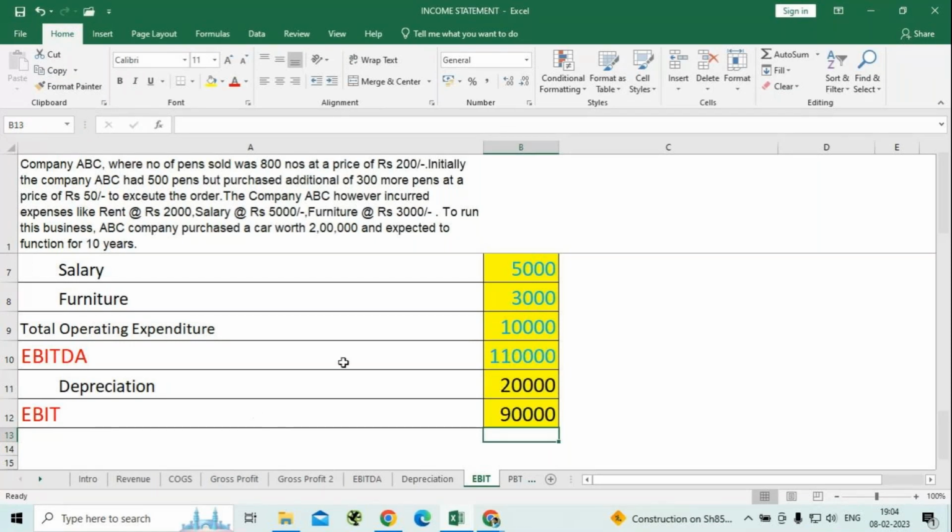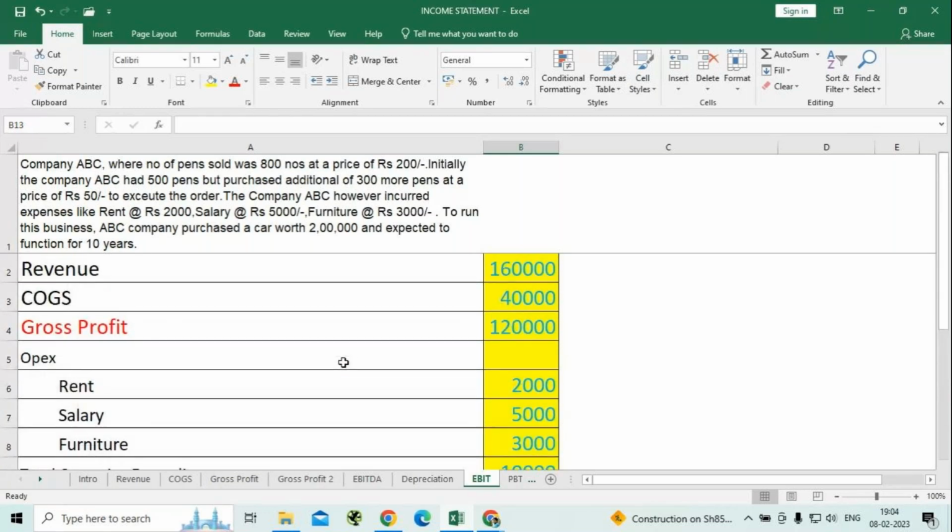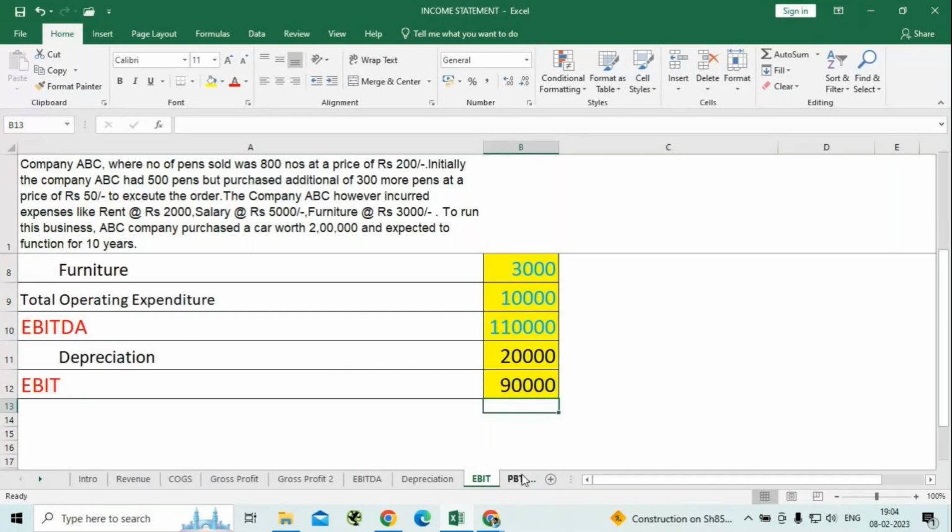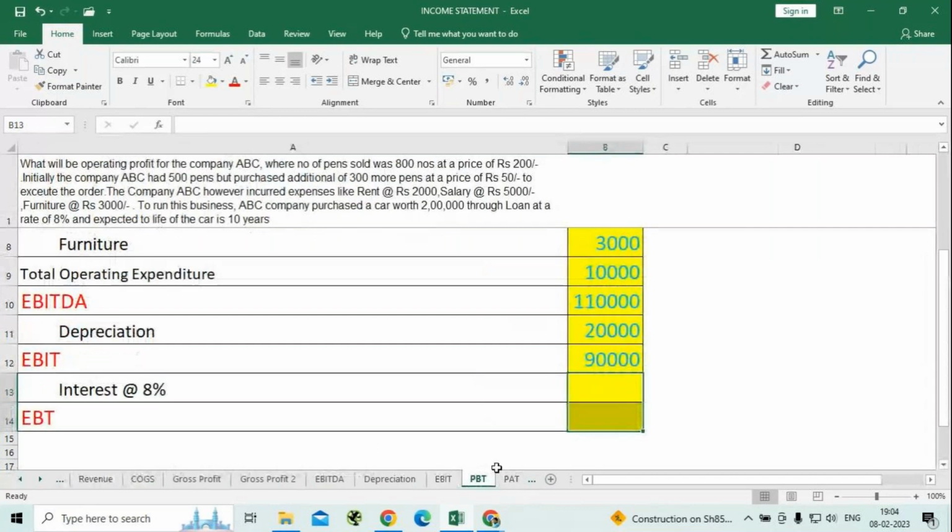Till now, whatever we have done is interconnected. Next, after EBIT, we calculate the interest. Why interest? Because this asset worth 2 lakh rupees that we purchased was on a loan, where the rate of interest was being charged at 8%.